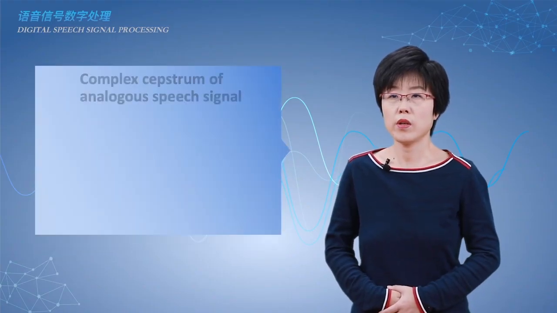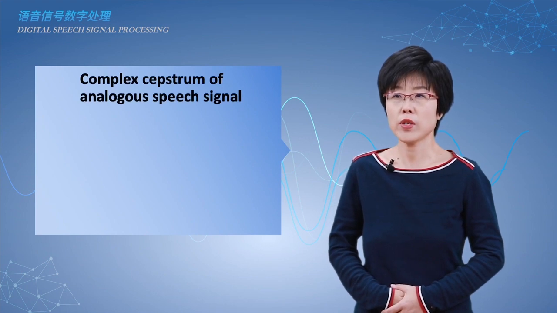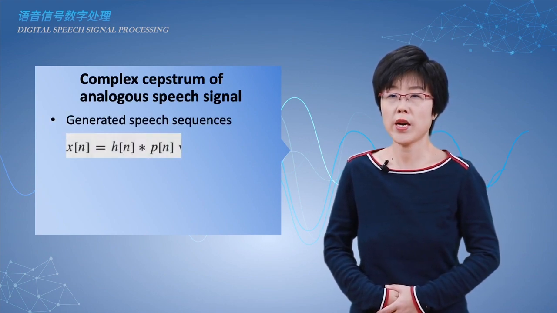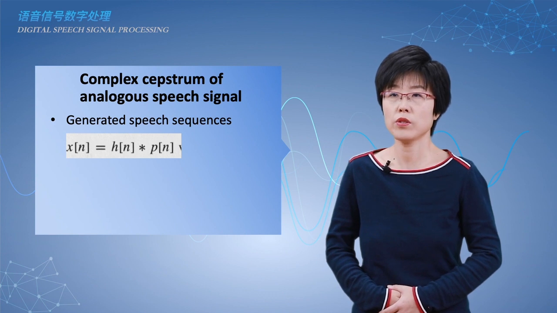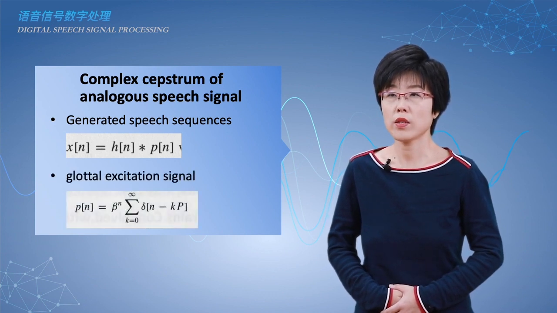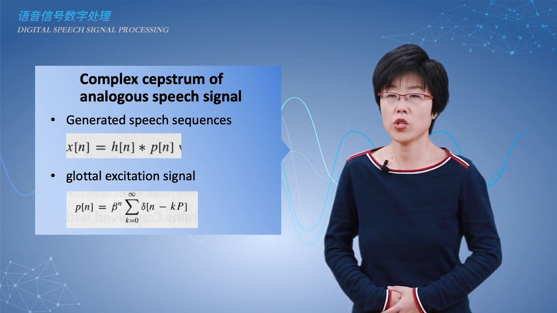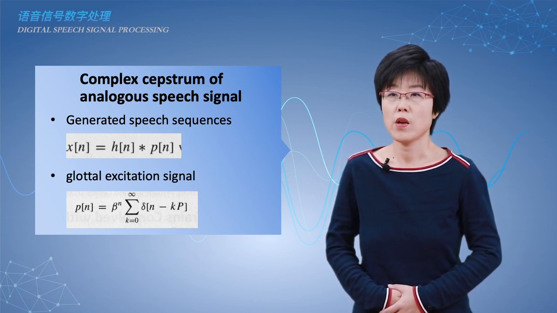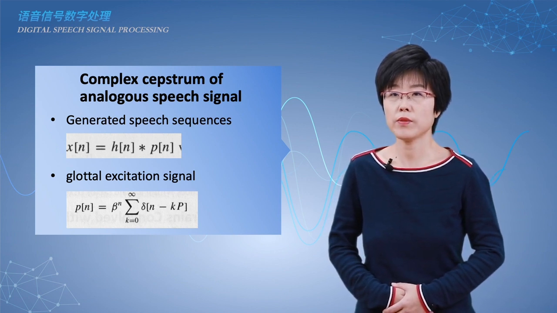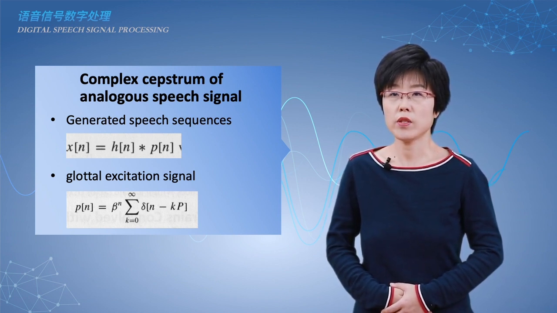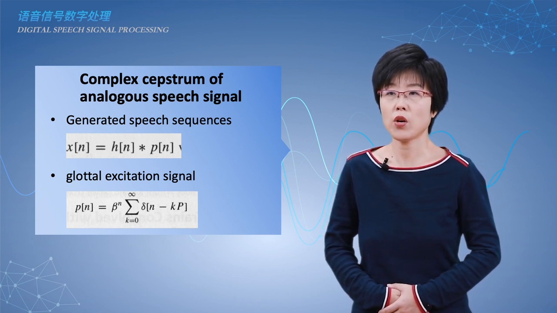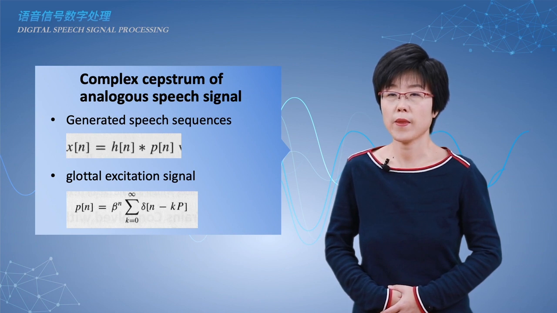The analogous speech signal can be generated by the convolutional combination of glottal excitation signal p[n] and vocal tract function h[n]. The sequence p[n] is minimal phase and h[n] is mixed phase, zeros inside and poles outside the unit circle.